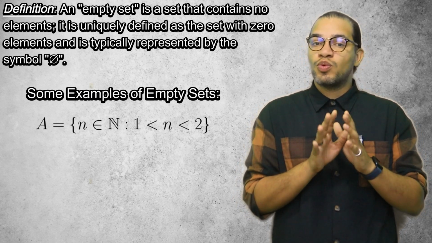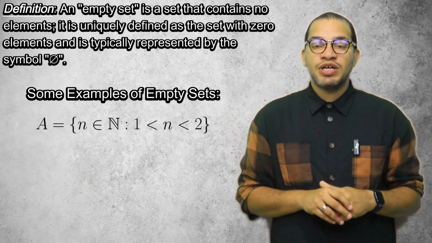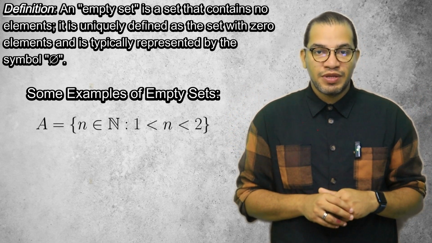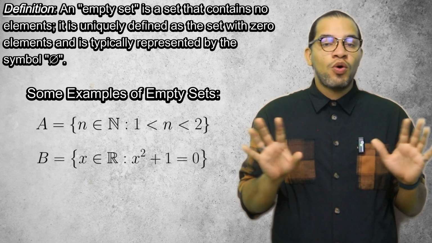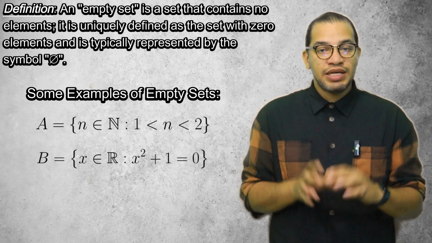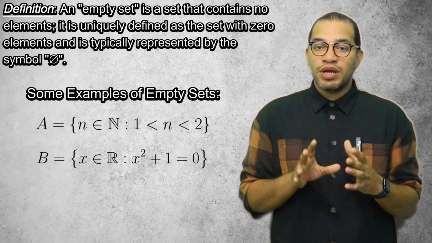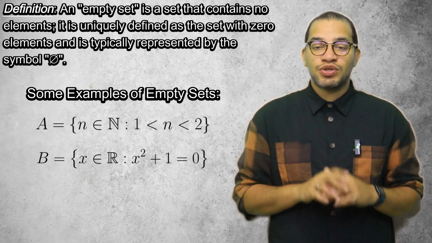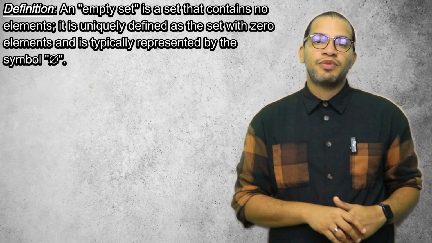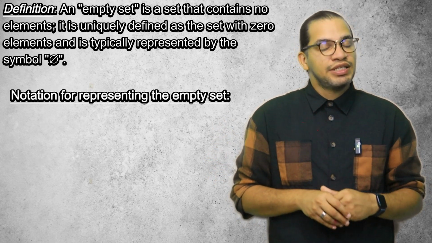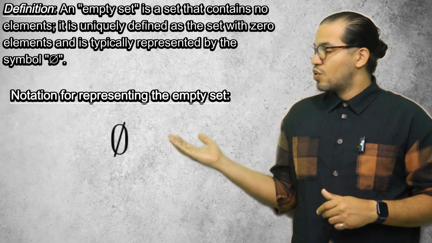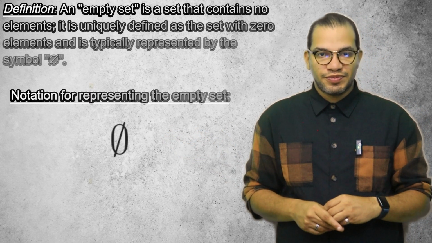We know that we don't have natural numbers between 1 and 2, so this set is empty. As well, the set of all real numbers x such that x squared plus 1 is equal to 0. We know that this equation does not have a solution in the set of real numbers. So this set is also empty, and we will represent this with the following notation.